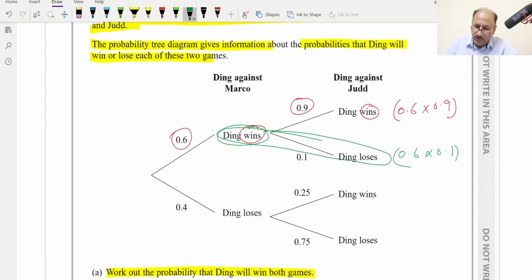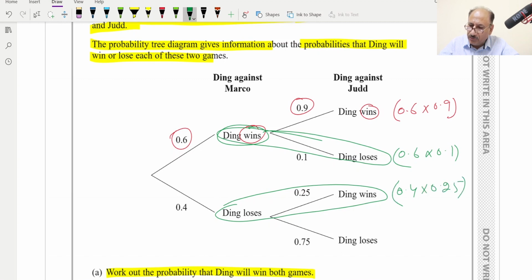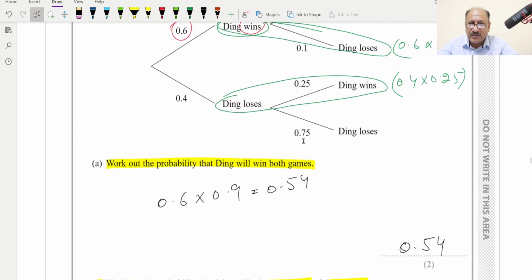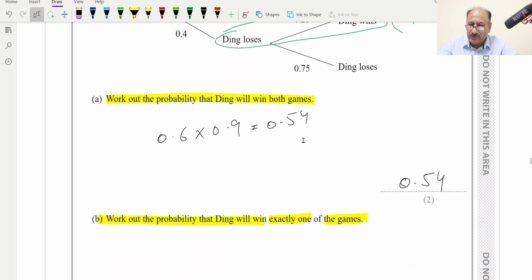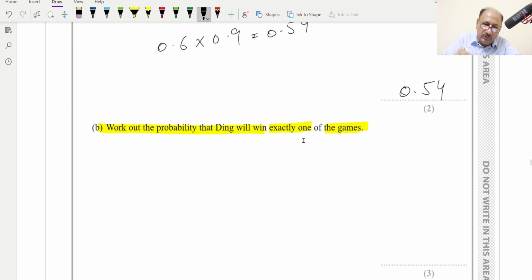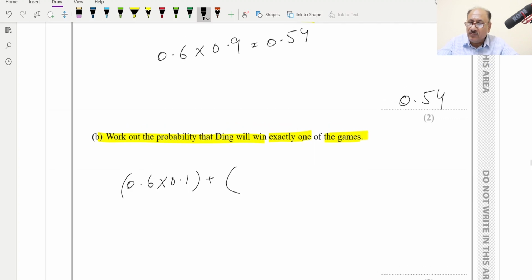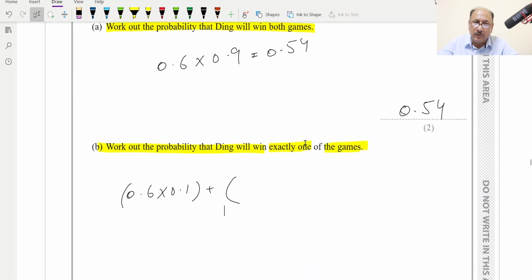This will be one win, and this branch also will be one win. So we'll take 0.4 into 0.25. So these two options will be for one win. So we'll write here 0.6 into 0.1, and we will add to this the other option, which is 0.4 into 0.25.